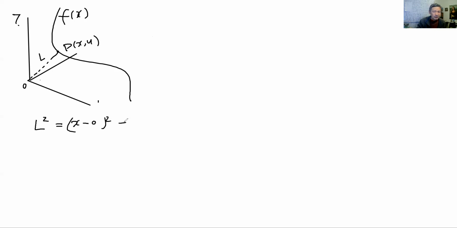If it is 3D, you go on to z, so y squared plus z squared. But in this case, it's 2D. So for the 2D, we just have L squared equal to x squared plus y squared.